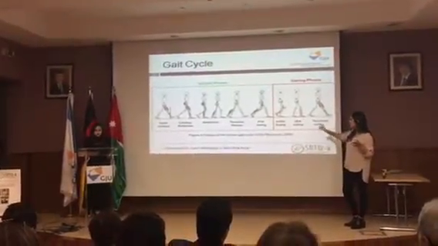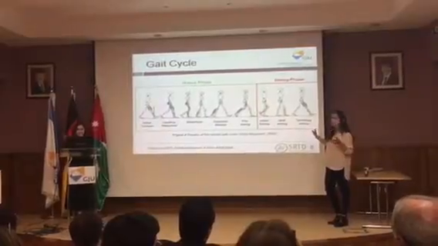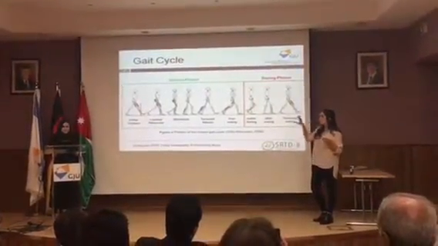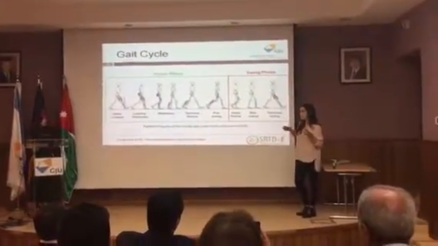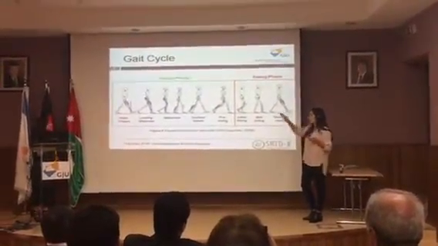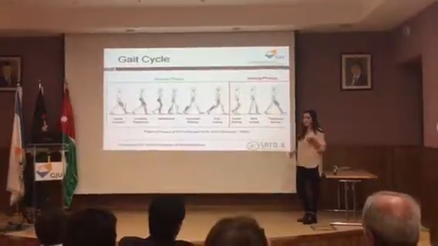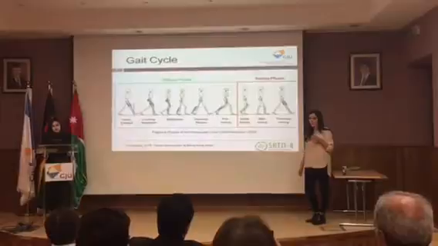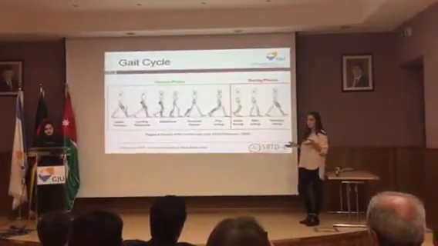Then we have the swing phase, which consists of initial swing, mid-swing, and terminal swing, and makes up 38% of the total gait. What is important in general is that every phase consists of a correspondence of the hip angles, knee angles, and ankle angles.